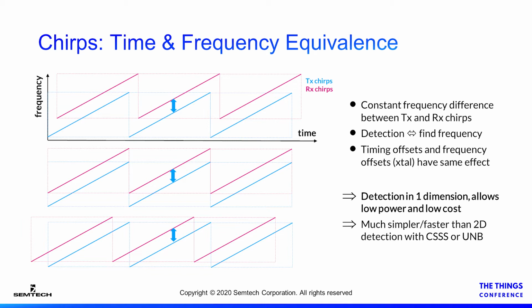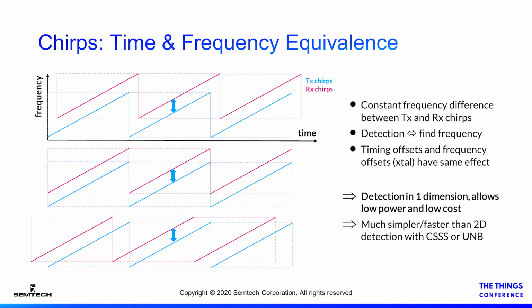So this case and this case are equivalent from the point of view of the receiver. Because what matters for the receiver is that the difference of the frequency between the transmitter and the receiver is constant. And you see here that these three cases have the same frequency shift in the end between transmitter and receiver, while the timing difference is different: here there's no timing difference, here there's a positive timing difference, here it is negative.